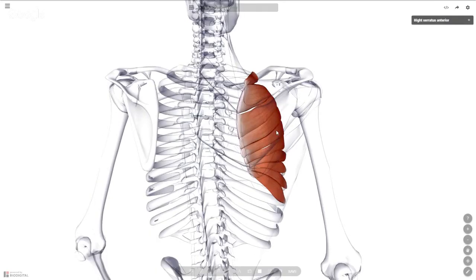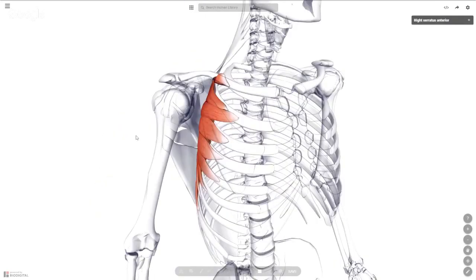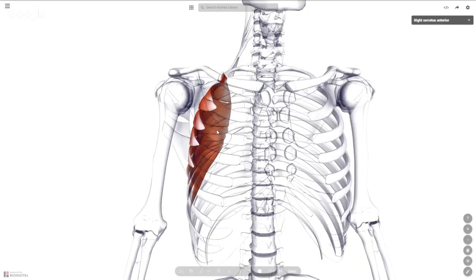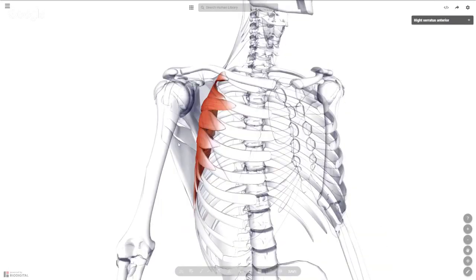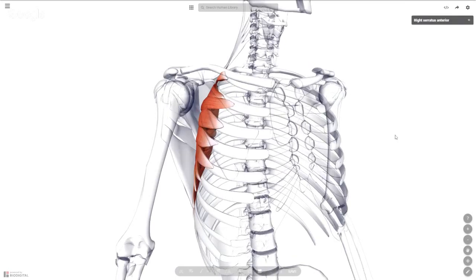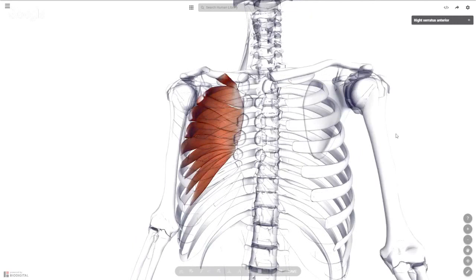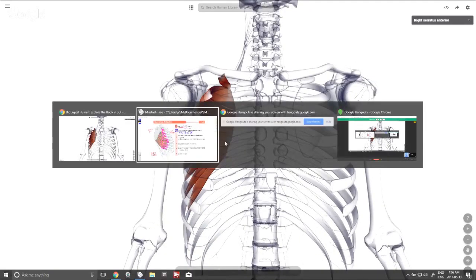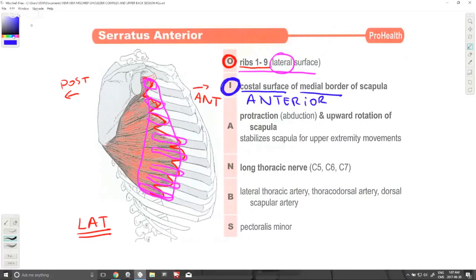Or costal surface because this surface is also pointing towards the ribs. And ribs in Latin, that's costatum, right? So once again, it's interchangeable. So you can say either costal or anterior. And you'll be right.